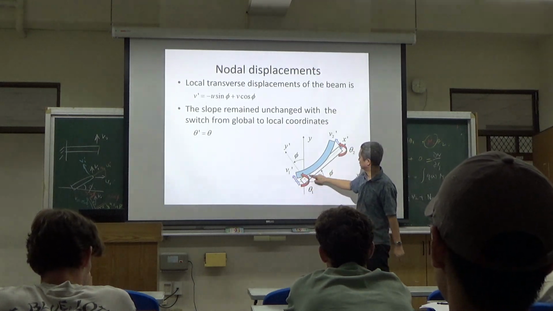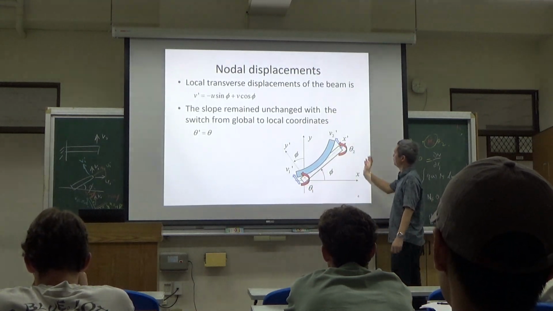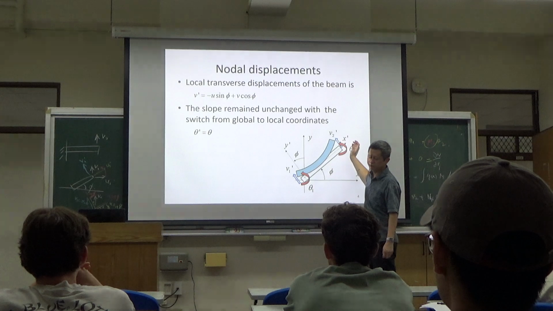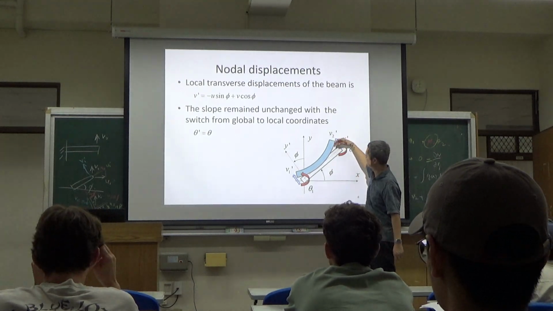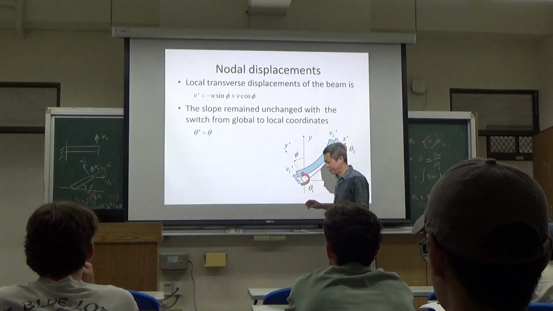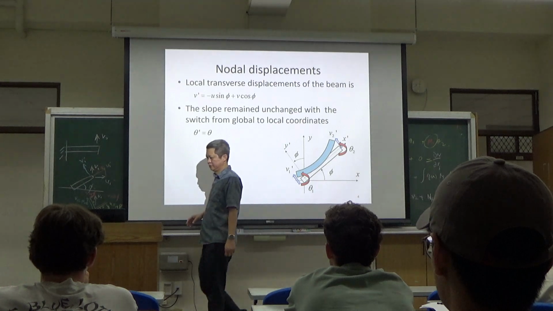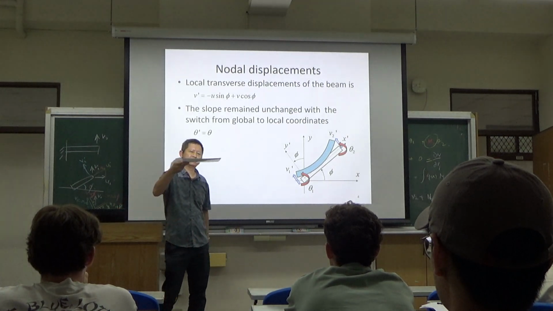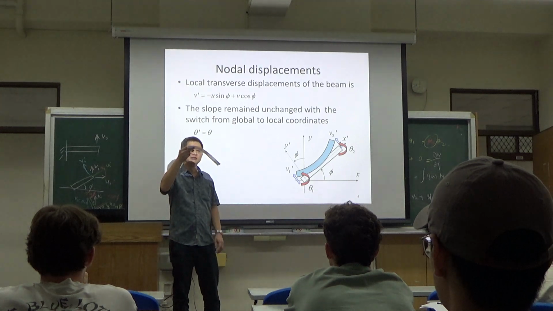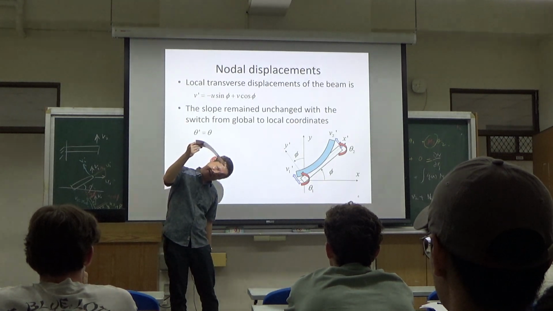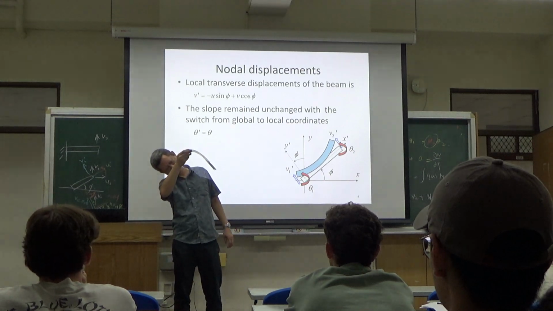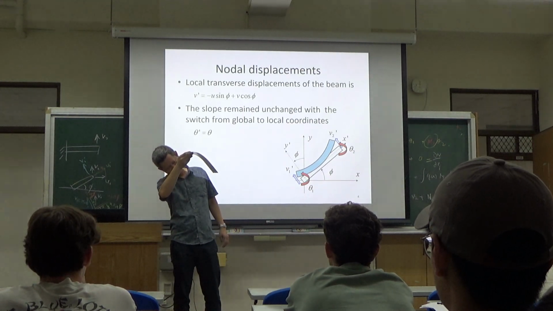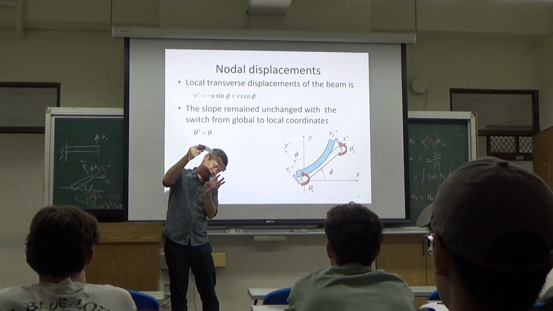Okay, but how about the angle of rotation? The angle of rotation does not change when you are changing the coordinate. Look at this bending. Does it change when I turn my head left or right? It doesn't change. But the vertical displacement, yes.